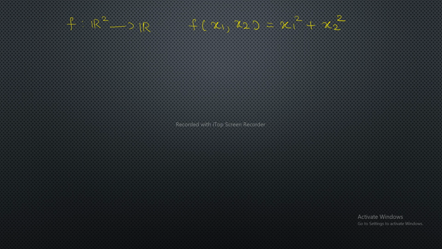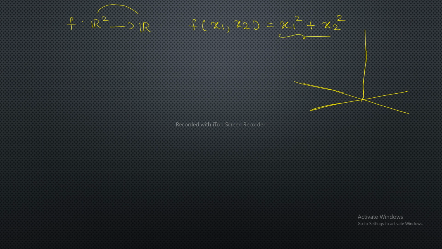If the function is from R2 to R, the graph of the function will be a subset of R3, that is, three-dimensional space.